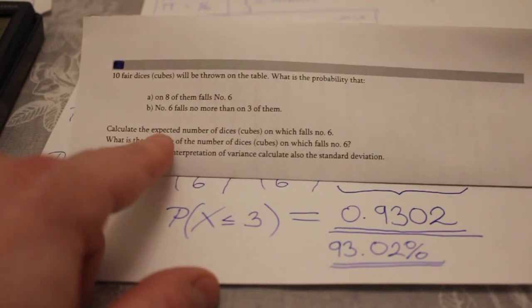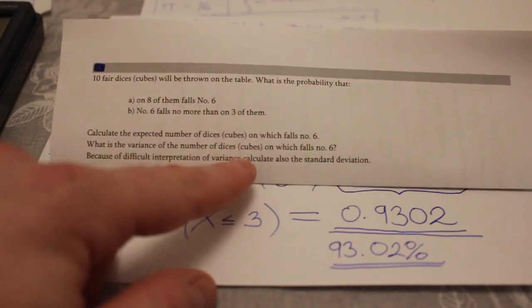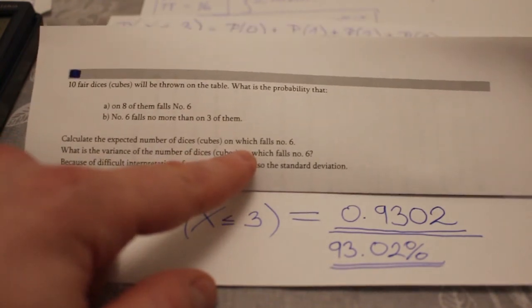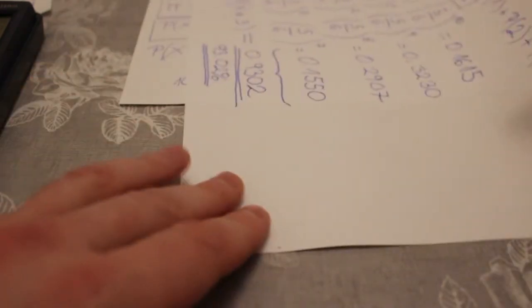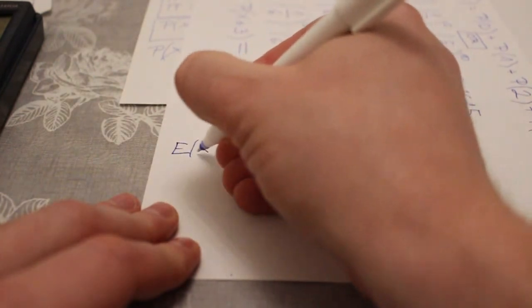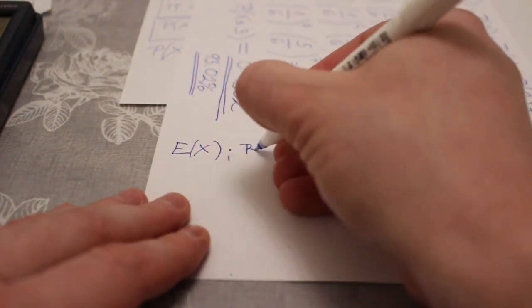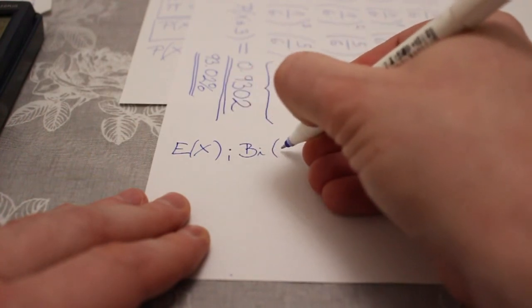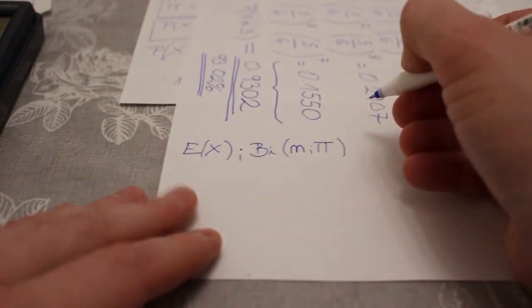Calculate the expected number of dices, the cubes, on which falls number 6. So what is it? Expected value. Expected value of random variable x in the case of binomial distribution with parameters n and p.